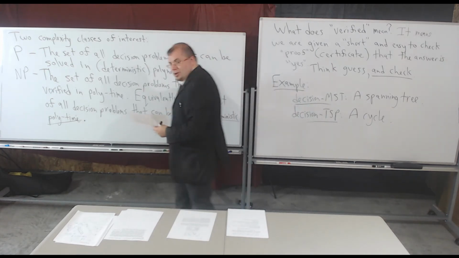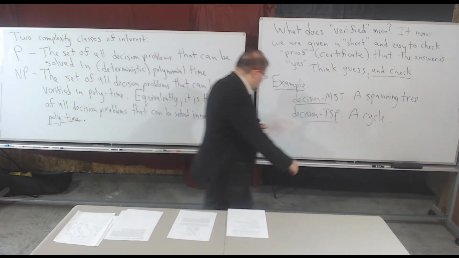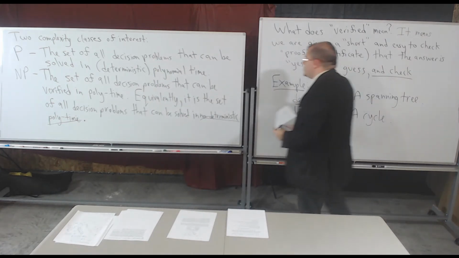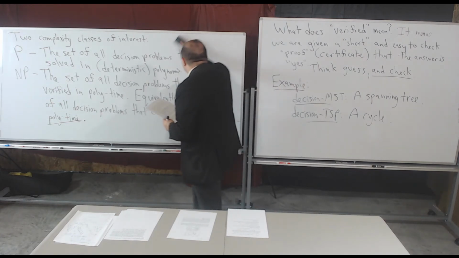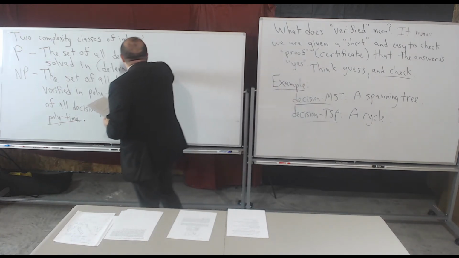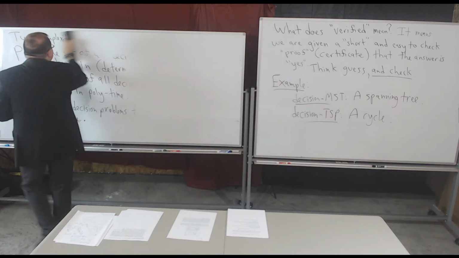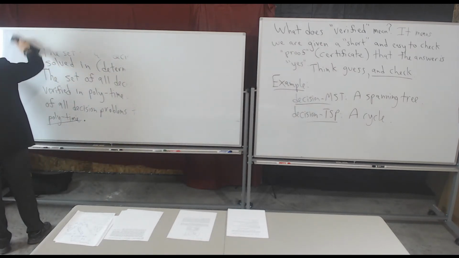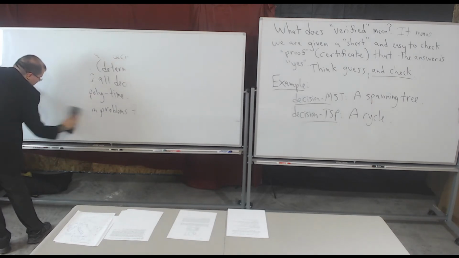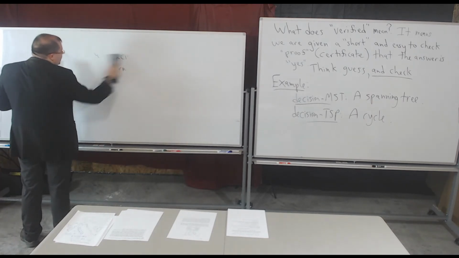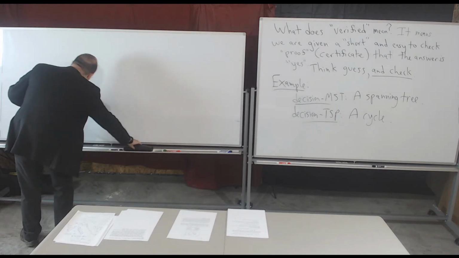I'm going to try to go a little bit faster here because there are two things I still want to show you. First, I need to define a little bit more formally what I mean by verified, because I'm giving you some of this intuition. I think it's not too bad as long as you don't let too many extra things get into play. But I'll give you a formal definition because I like to do that sometimes.